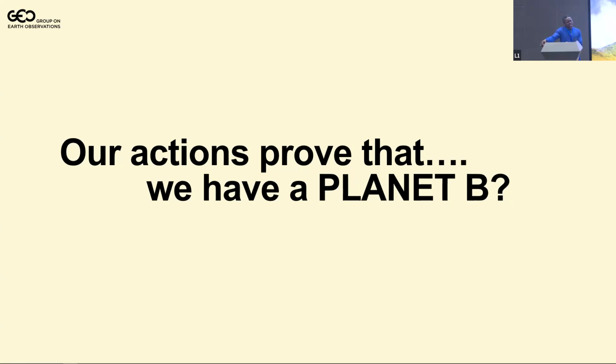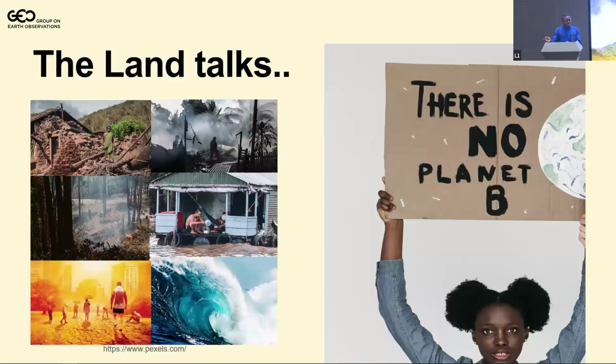Then it's always like, okay, we have a planet B somewhere. I don't know, NASA, ESA, and all the space agencies globally, I think you spend a lot of money trying to look for alternatives, but we are still not there yet. So it means, because we do not have planet B, and we only have this one, and the land is talking to us in different ways.